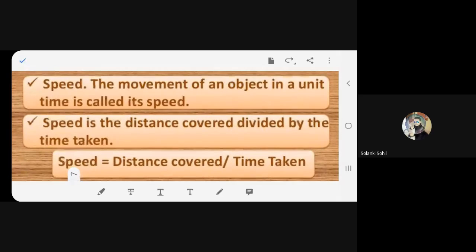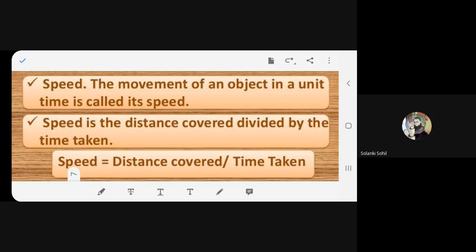Any problem regarding speed? So what is speed? It's the movement of an object in unit time. So motion upon time is called speed. Motion means distance, so distance upon time is your speed. Am I right?